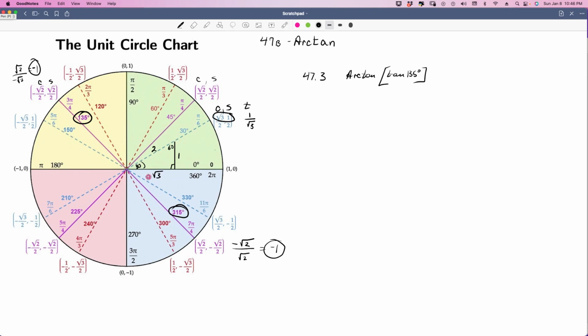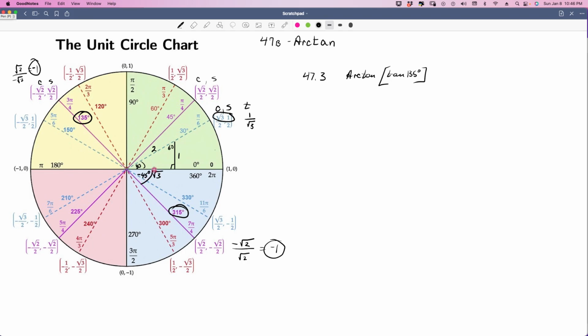And relative to the x-axis, this is actually -45 degrees from the x-axis, because we don't want to use this over rotation. We want to use the one that is relative to the x-axis. So that's what we're doing.